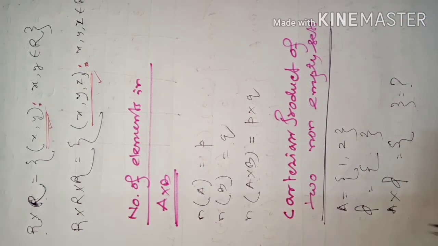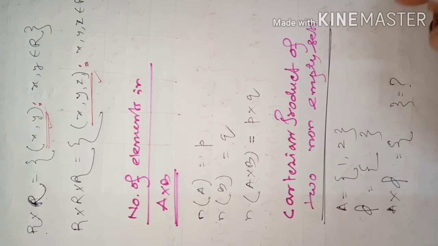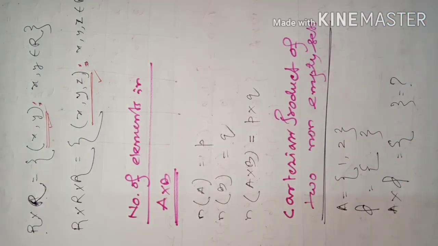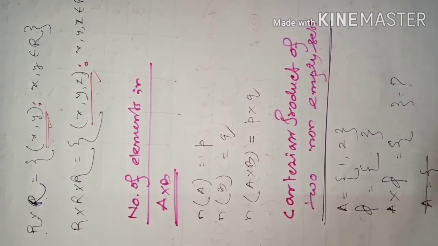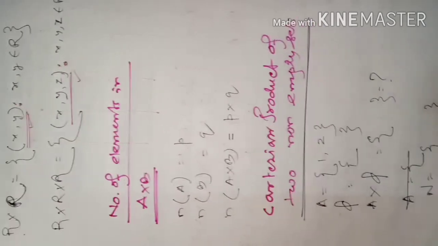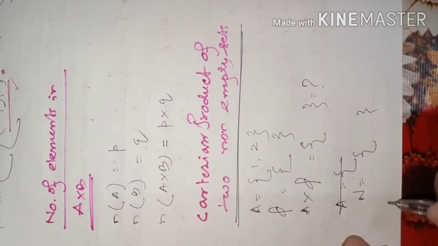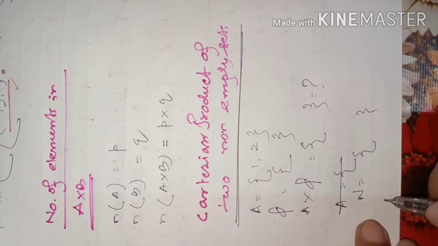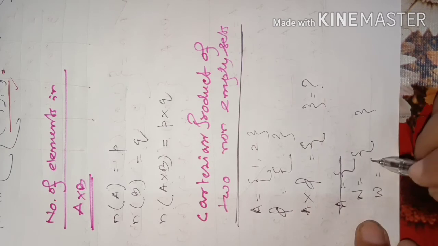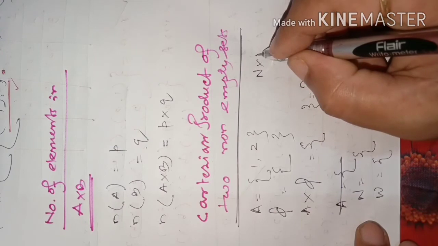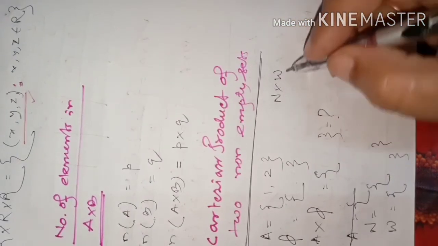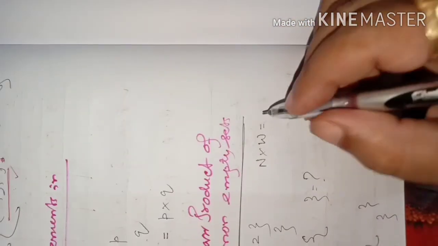The Cartesian product of two non-empty sets is also possible if they are infinite sets. Suppose N is the set of natural numbers. Then say W is the set of whole numbers. Then for the Cartesian product of natural numbers and whole numbers, suppose I ask you N cross W, how many elements will be there?